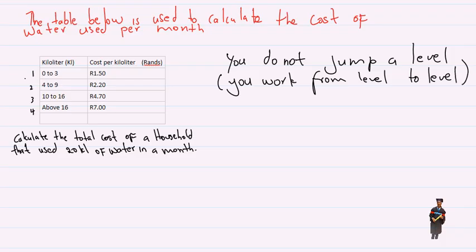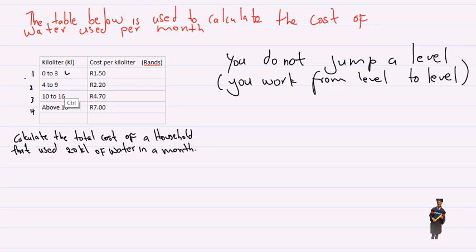What I mean by that is you start from level 1 and then you go to level 2, level 3, level 4. You do not jump a level such that you will find yourself starting from level 2 going to level 4. No. You always start from level 1 and then you go to level 2.